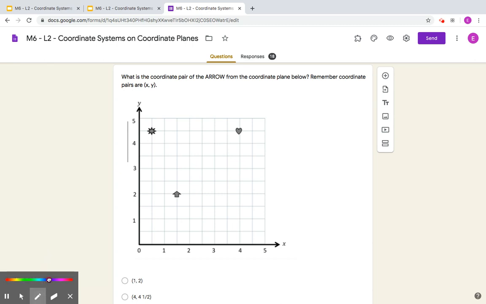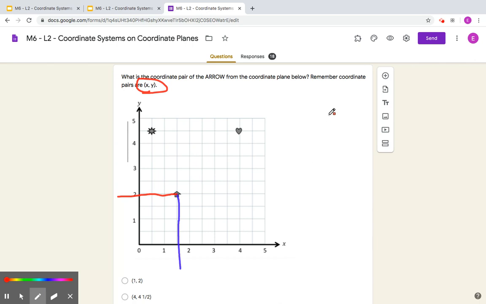So we start at the arrow and we draw a line down to the x-axis. And we start at the arrow again and draw a line over to the y-axis. Now coordinate pairs, remember, are x, y.